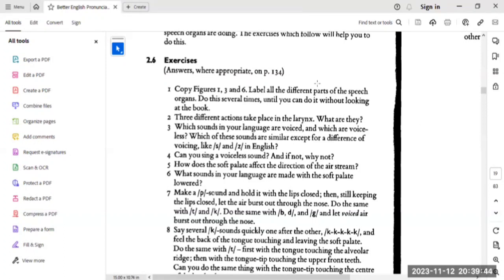If you go to page 134, you can answer them. But I need to hear from you. Think about them quickly, guys.